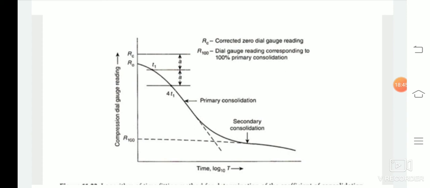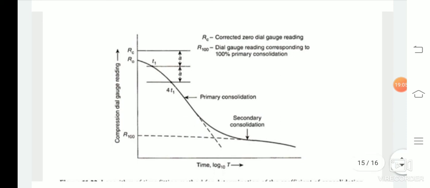The consolidation curve log t versus R consists of two straight line portions at each end with a curve joining the straight line ends. Extend the two straight line portions to intersect at point P. The abscissa or the x-coordinate of the point P gives the time corresponding to 100% consolidation, that is T100 on the log scale, and the ordinate gives R100.